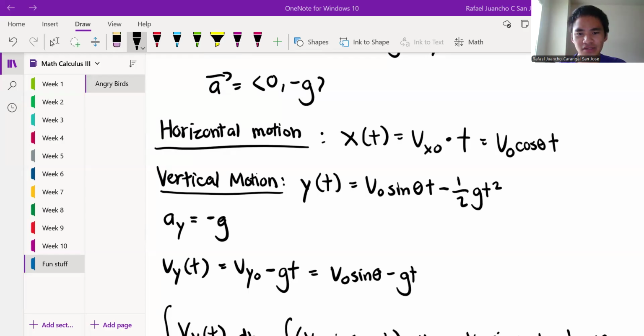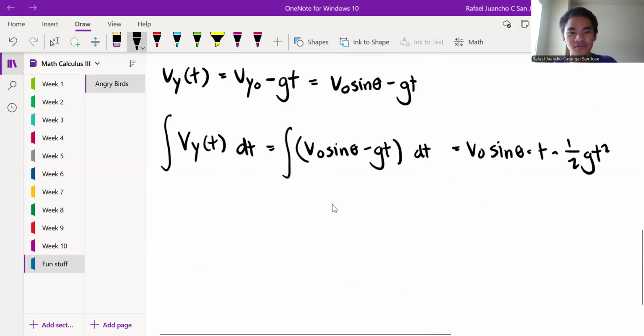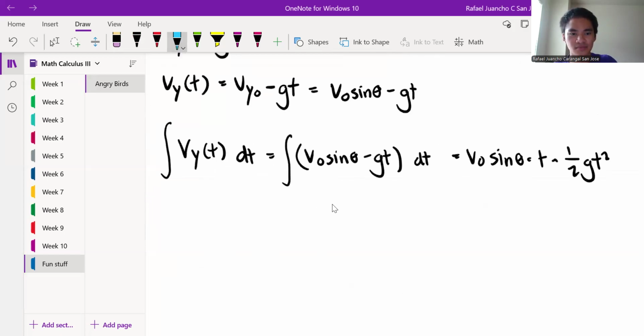So after we derive the projectile equations, now we want to find this thing called trajectory. So that was the first step, finding projectile motion equations. The next step is finding trajectory.